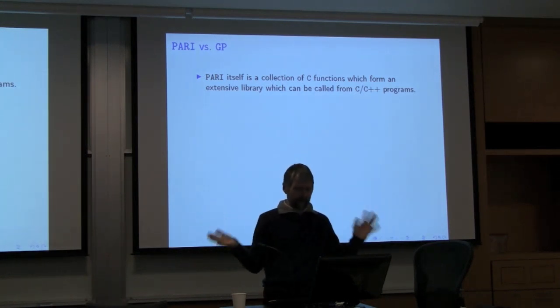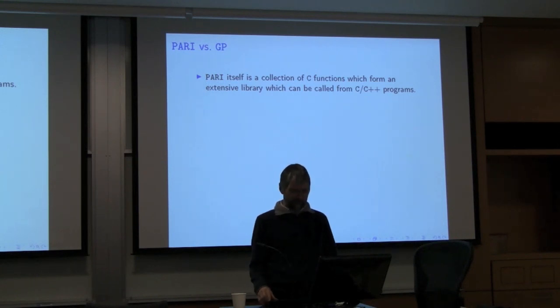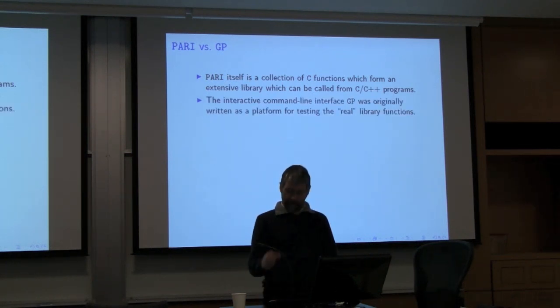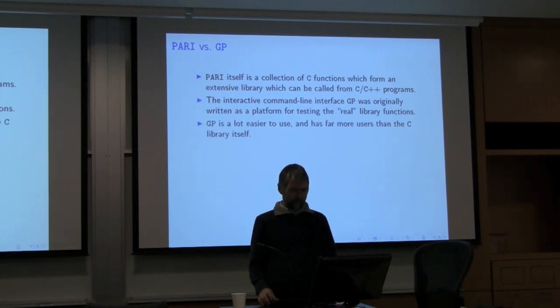So you've got these two things that go together, PARI and GP. They're really the same, different interfaces, I suppose. One's a library interface and one's an interactive interface. GP is much, much easier to use. I think the number of people who actually write programs in C that use the PARI library is very small.